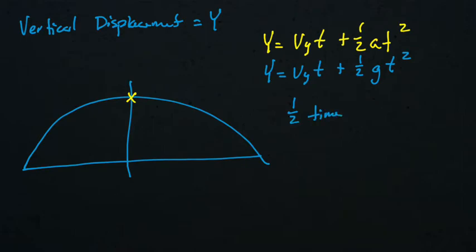I'm looking for half time, or half of total time, or I'm looking at half of the hang time. Remember we talked about that already? The hang time is the total time it's in the air.